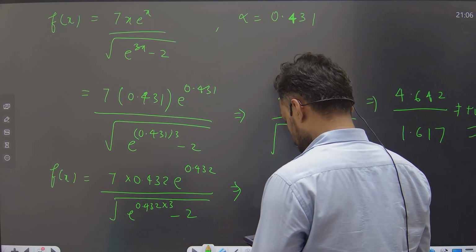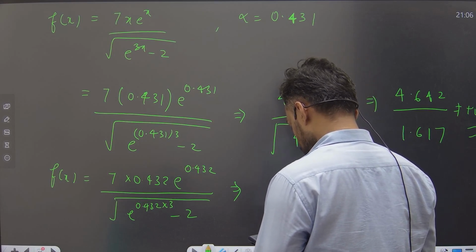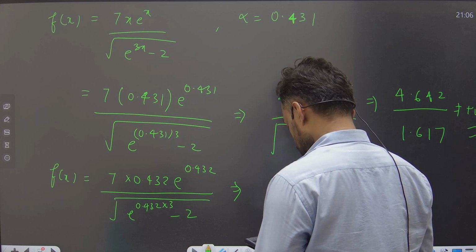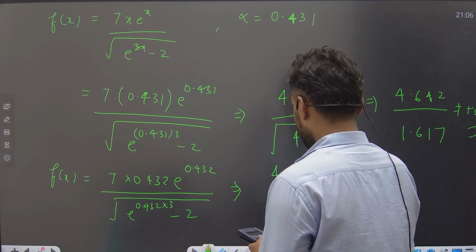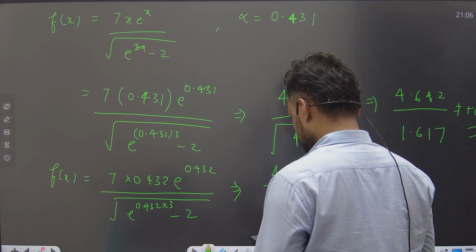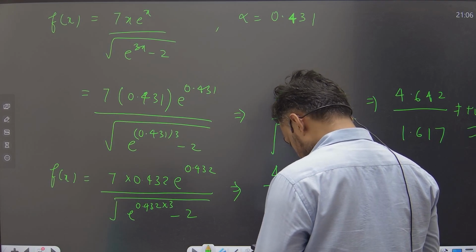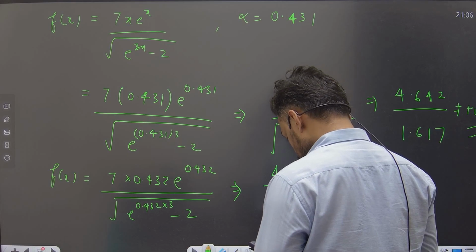So we are getting 4.65 upon root of 0.432 cross 3 negative of 2.